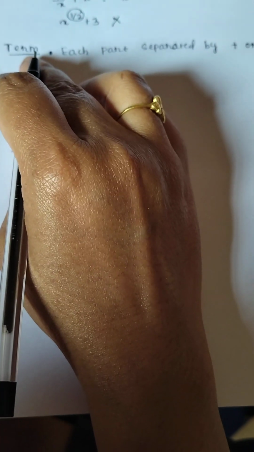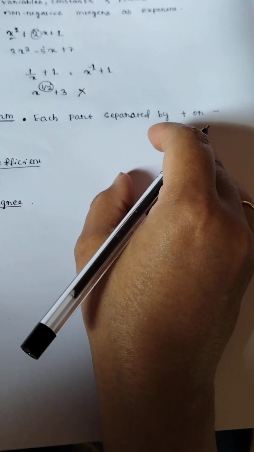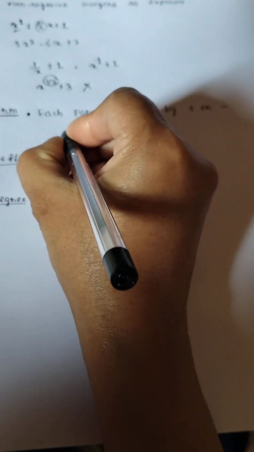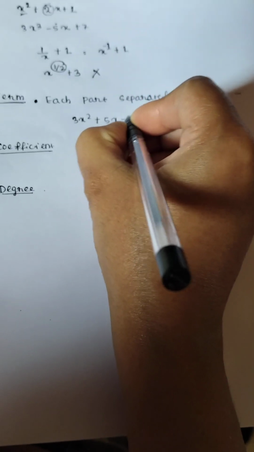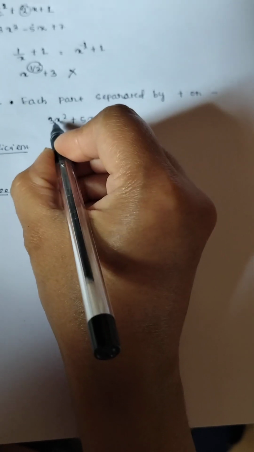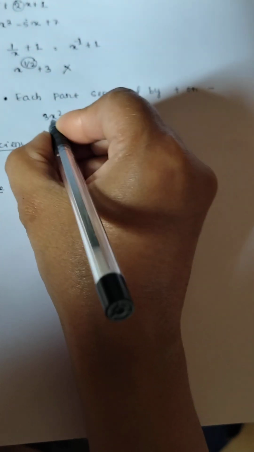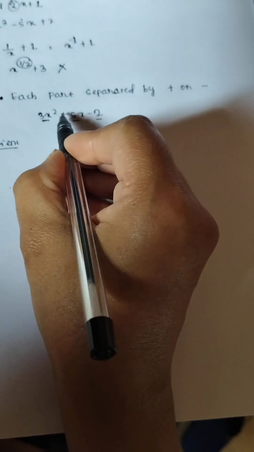What is a term? A term is each part separated by plus and minus. For an example, 3x square plus 5x minus 2. So here three parts are there, three terms. 1, 2, 3. These all are separated by plus or minus.